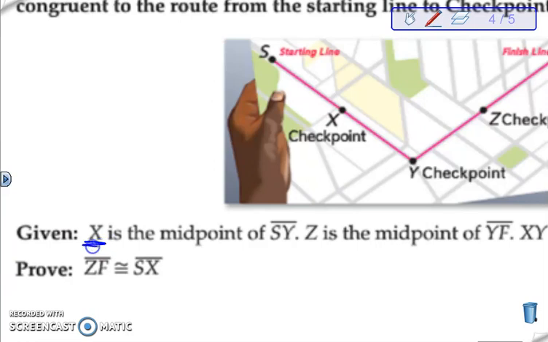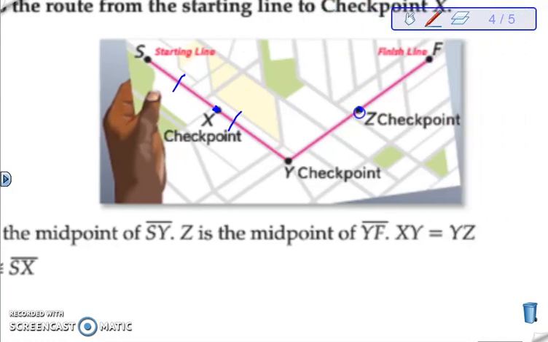So we're given that X is the midpoint of SY. So here's X, here's SY. We're given that Z is the midpoint over here.